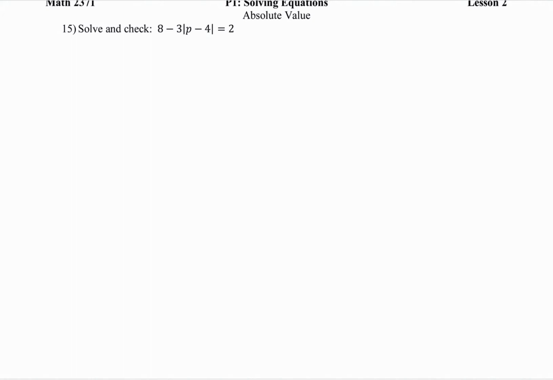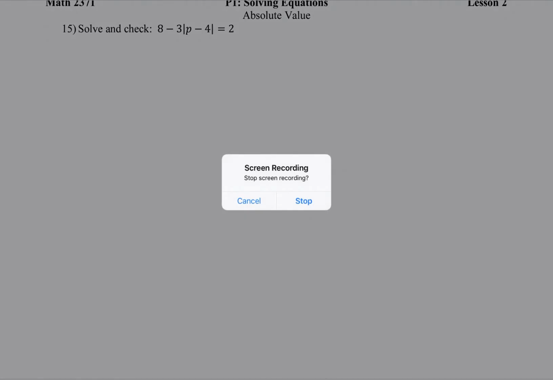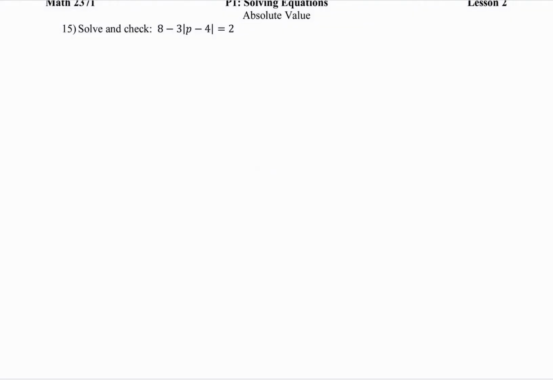Okay? Now let's try this one. First thing we need to do is isolate the absolute value. So we're going to move the 8 over. So we're going to have negative 3 absolute value of p minus 4 equals negative 6.